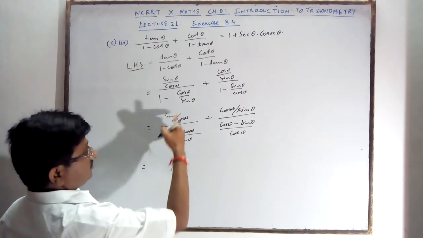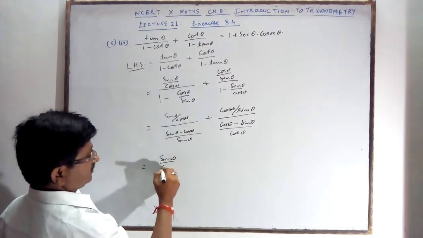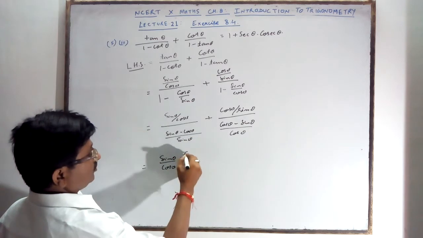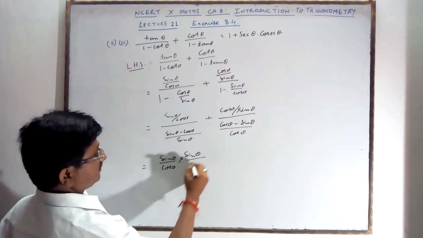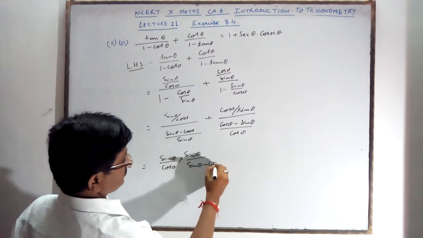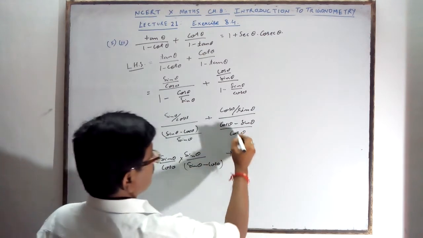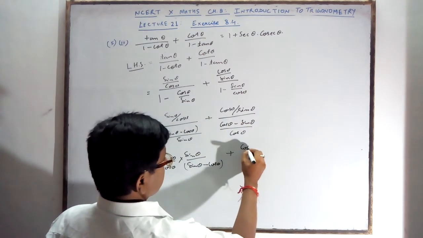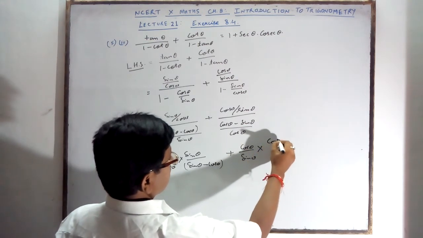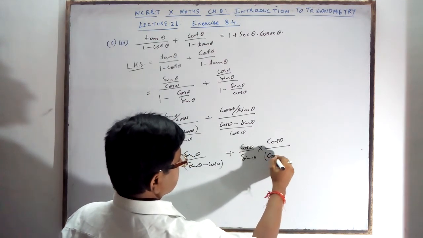Now this will be sin theta upon cos theta into this, sin theta will go by the rule of fraction, sin theta minus cos theta. You are getting plus cos theta upon sin theta, rule of fraction, this will be in the numerator, upon cos theta minus sin theta.